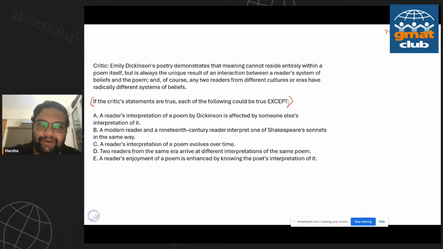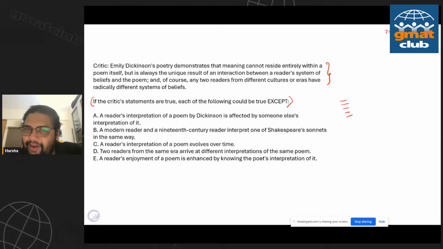Here, what do we need? If the critic statements are true, each of the following could be true except. So, in other words, I have these five choices. I need that one choice that cannot be true. All the other four choices, yeah, they could be true.